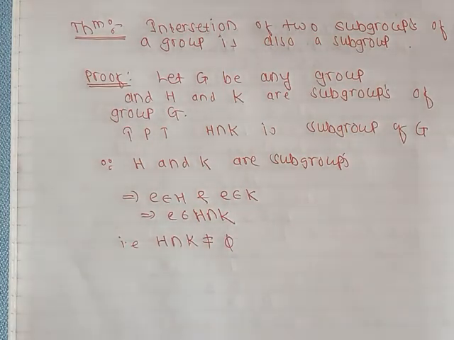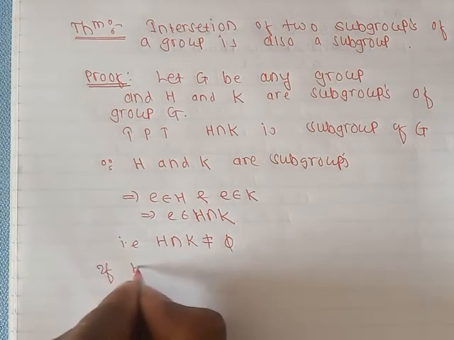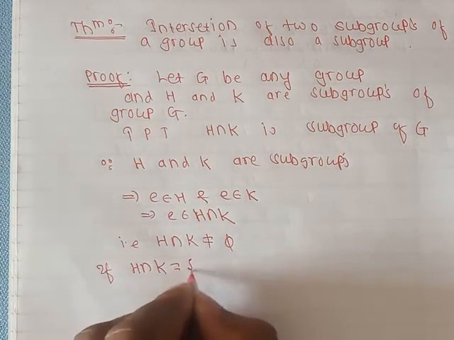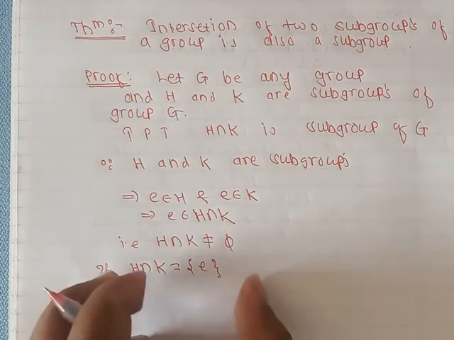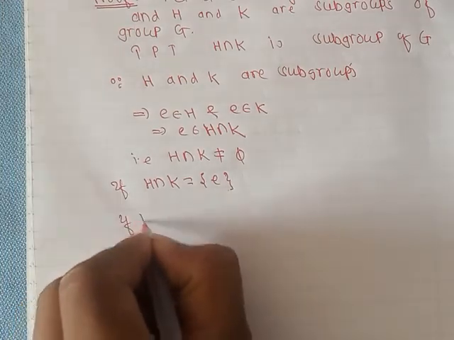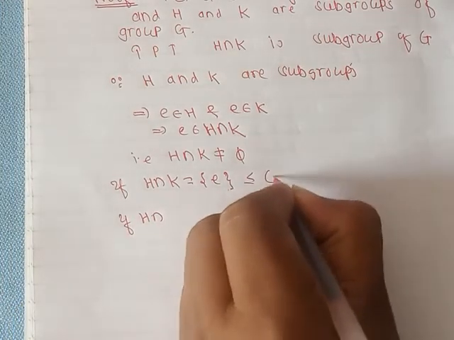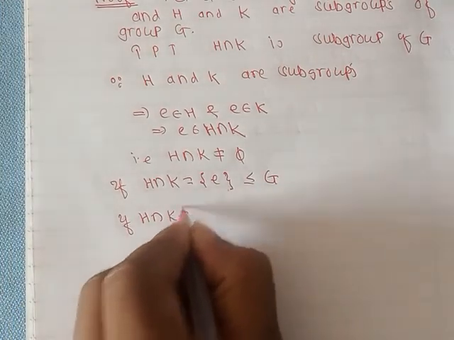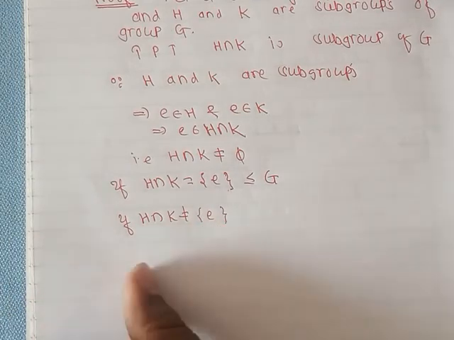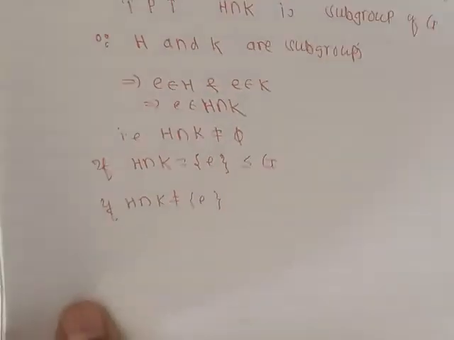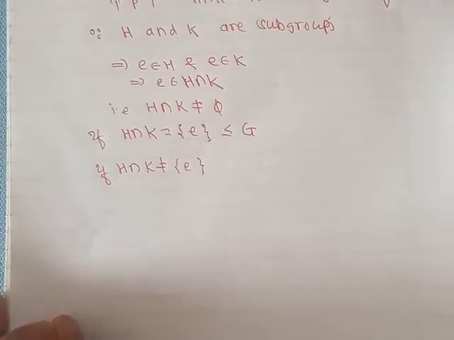Now if H intersection K is equal to the singleton e, then obviously H intersection K is a subgroup of G. Now if H intersection K is not equal to the singleton e, that is, it contains some more elements other than the identity.